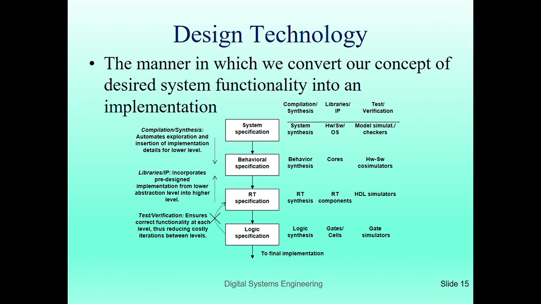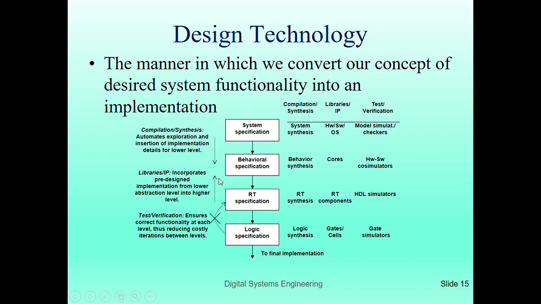A sequence of design steps in a design methodology uses software engineering tools, compilers, computer-aided design tools, etc. Design technology is the manner in which we convert our concept of desired system functionality into an implementation.